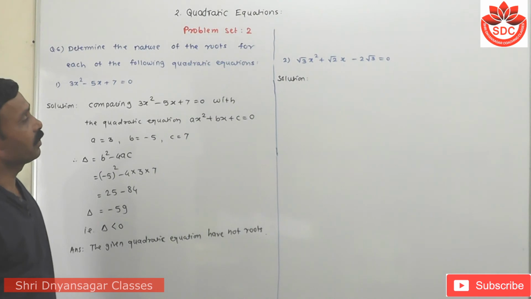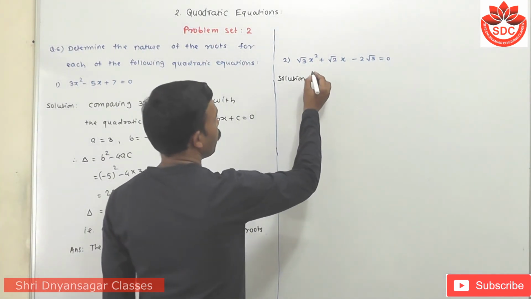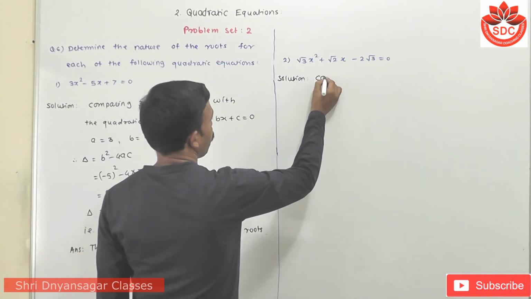Root 3 x square plus root 2 x minus 2 root 3 is equal to 0.